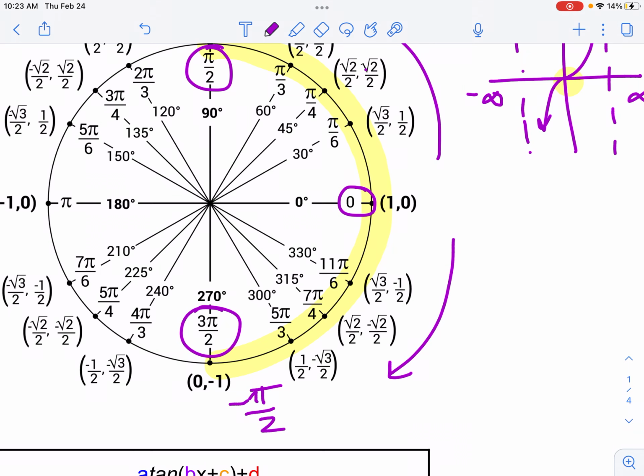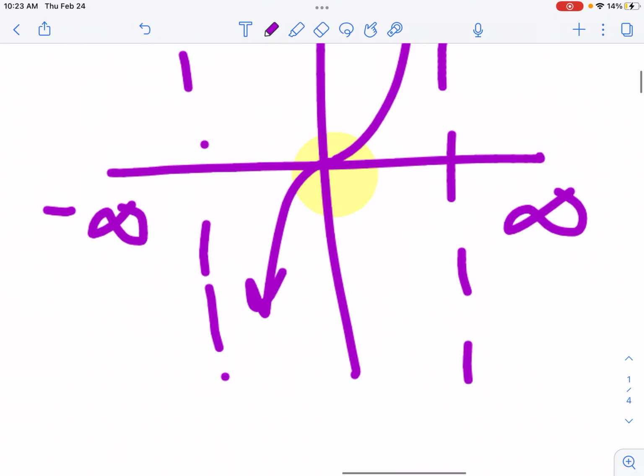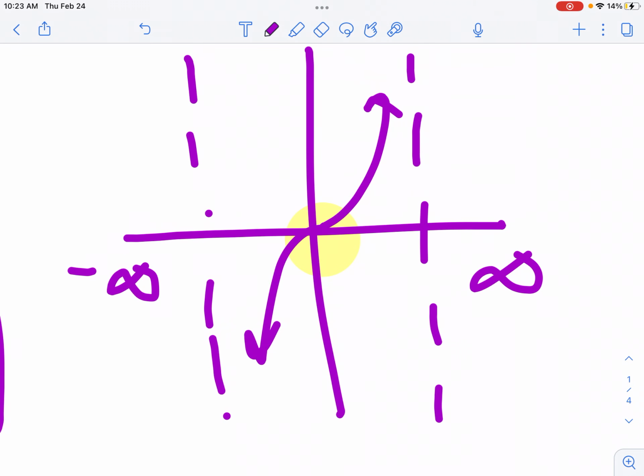Because it's still the same distance, just going in the opposite direction. So if we look here, we've got a rough graph. This is going to be positive pi over 2, and then on the opposite side is negative pi over 2. Still the same distance from 0, which is here.